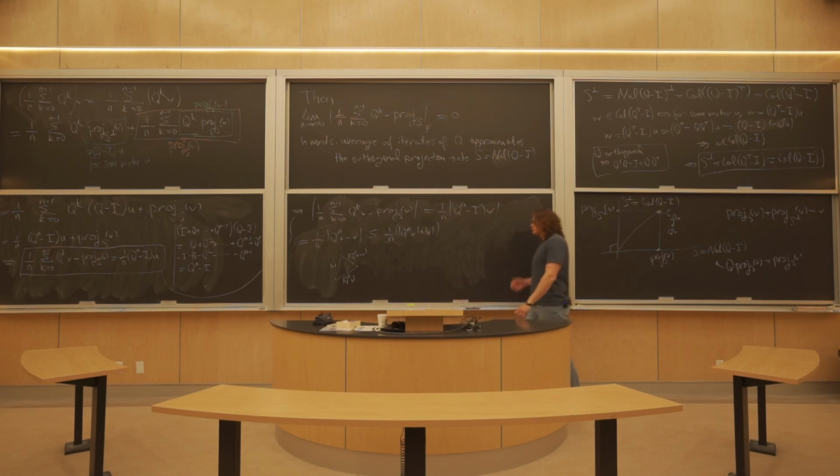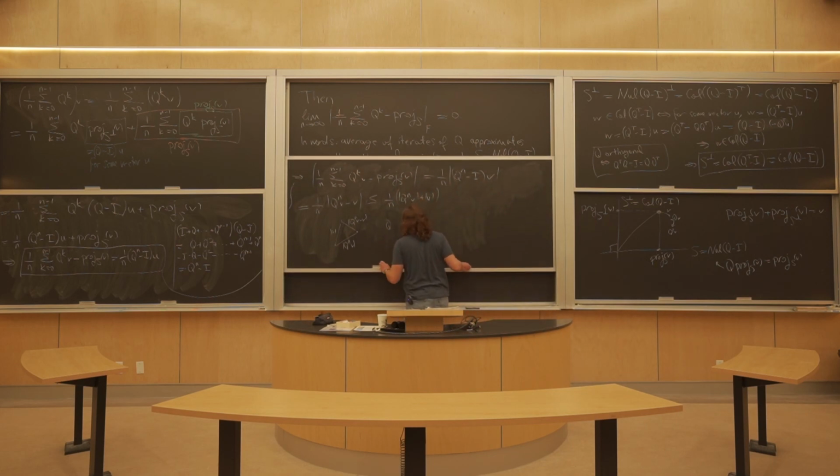Q preserves norms because it's orthogonal. Let me just do that perhaps here. So Q times x in norm squared is q times x against q times x, which is x against q transpose q times x.